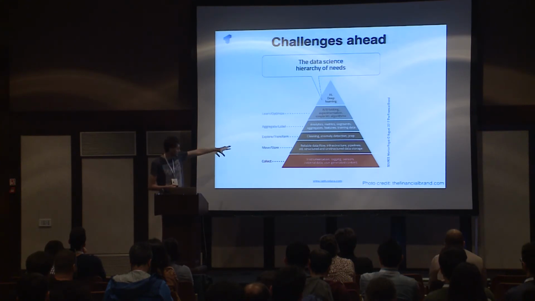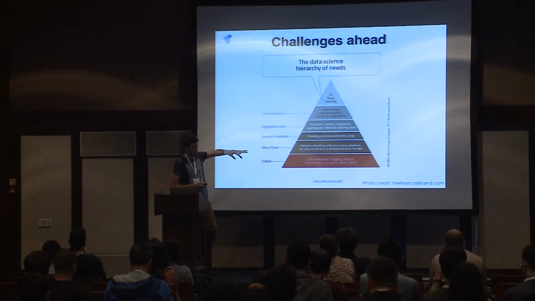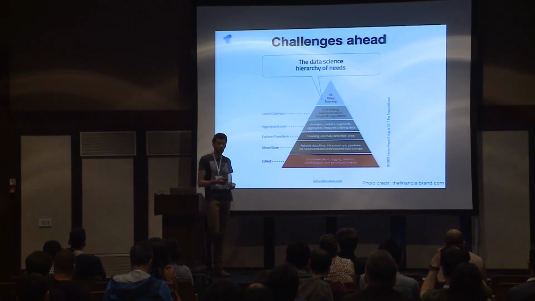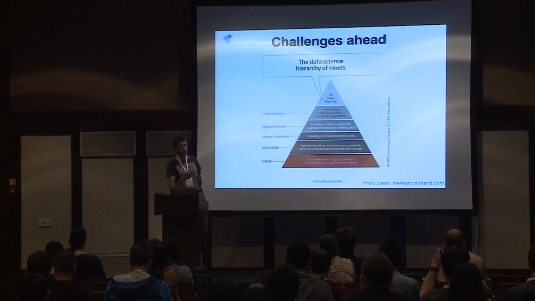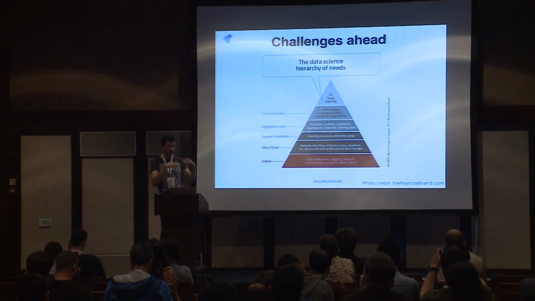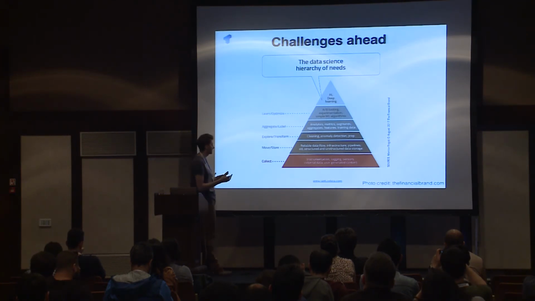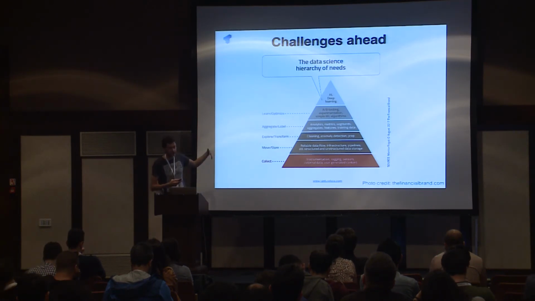But I would like to emphasize the bottom of this triangle, because if you want to get benefits from your data on a daily basis, you have to make sure that the way you deliver data is something you can rely on, you can monitor, and you have some anomaly detection. Then you can go for more complex analysis: you can do A/B testing, machine learning, deep learning, stuff like that.